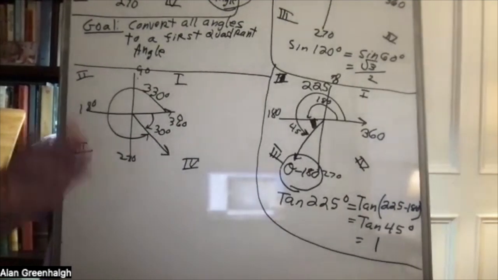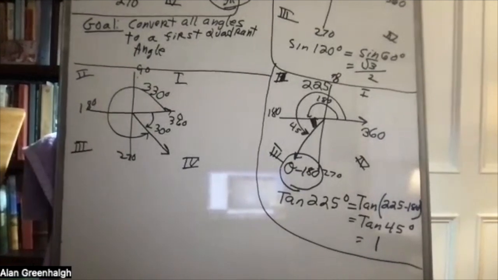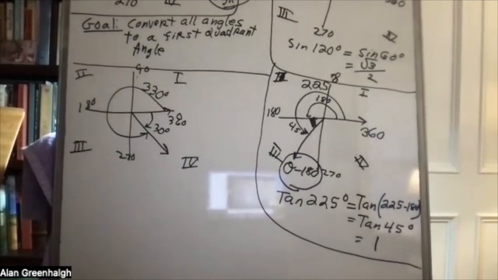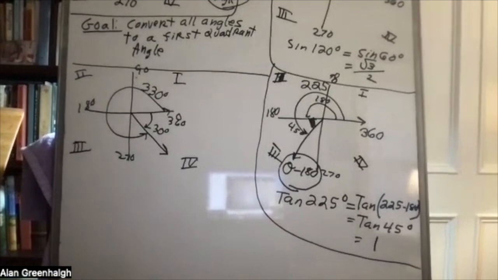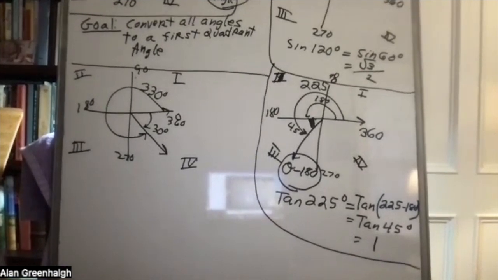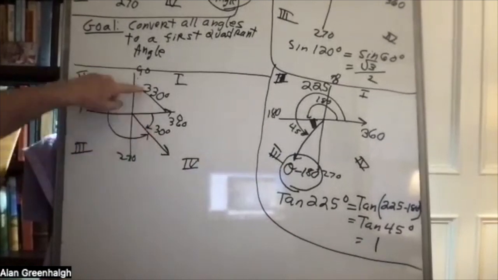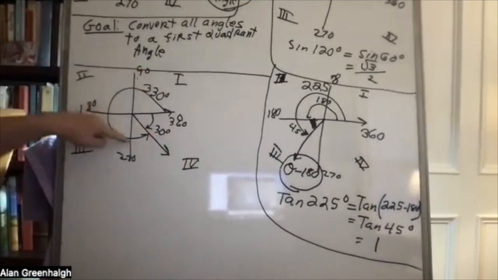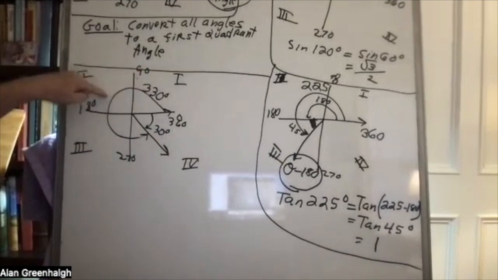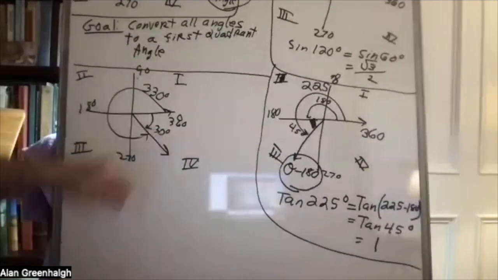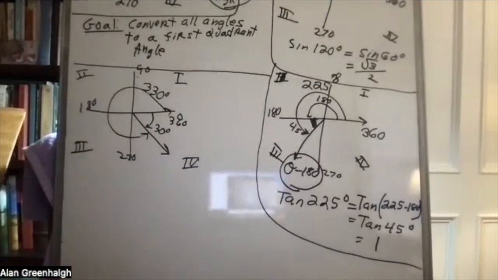It's got to be somebody besides Josh and Sandas. There's like a lot of people here today. There's 19 people. Somebody else answer the question. How did Sandas get 30 for this angle, the 330? How did she convert 330 into 30? It's anybody except those two people.